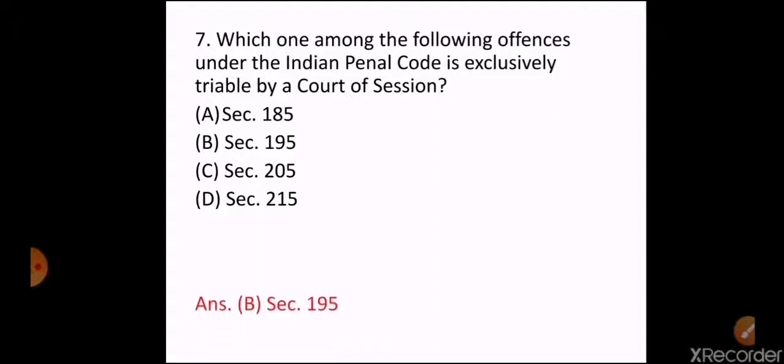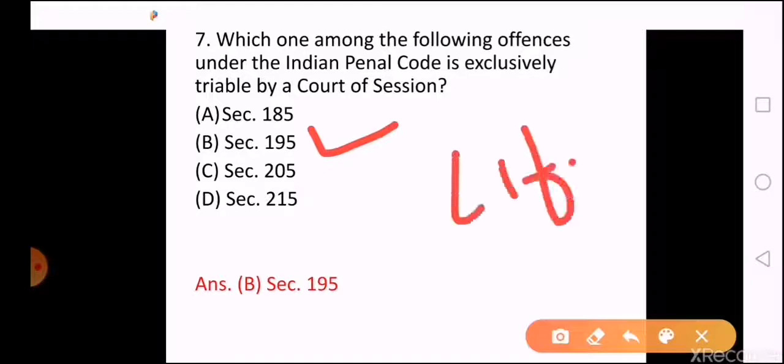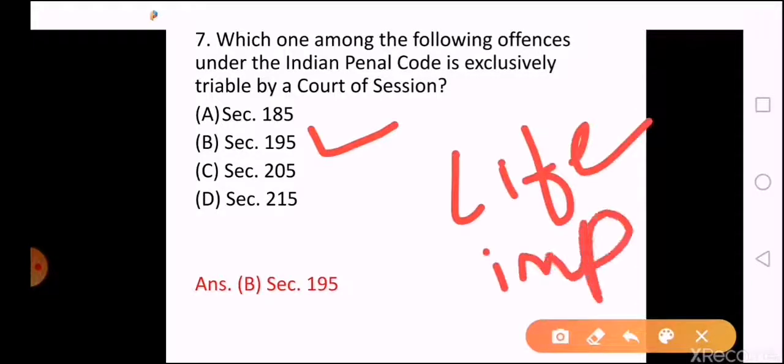So, the correct answer is option number B, that is section 195. You have to just remember that section 195 deals with giving or fabricating false evidence, and the punishment for this is life imprisonment. So, the punishment is also very rigorous, and you will be punished with life imprisonment if you commit the offence under section 195.